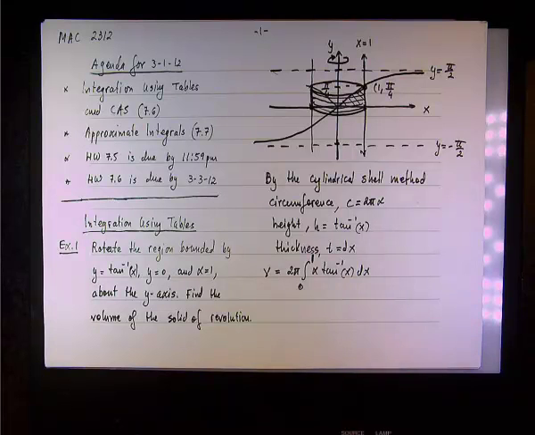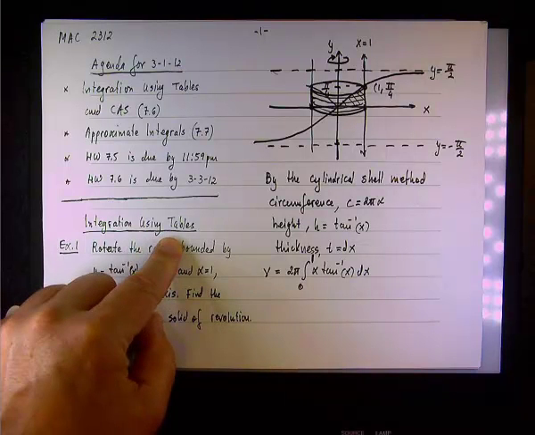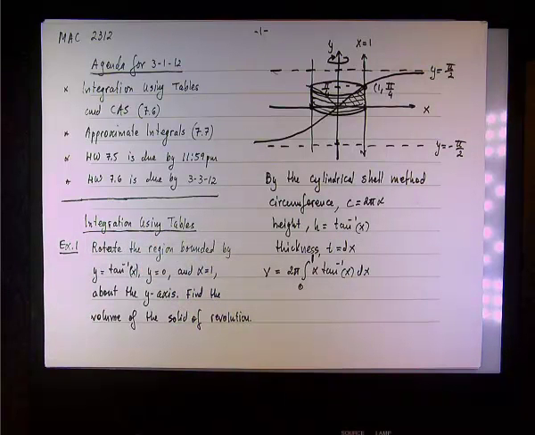And when we went through different strategies, we said that one of the cases where we will use integration by parts is when we have a product of a transcendental function by an algebraic one, such as a polynomial function. All right? But the topic says integration using table.